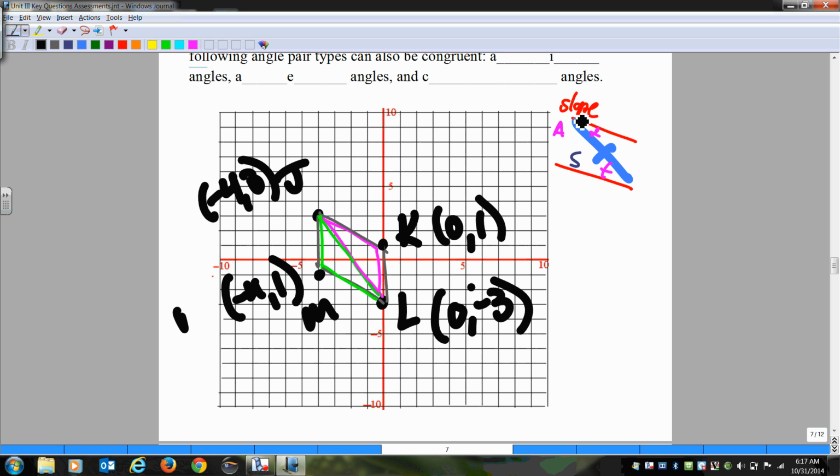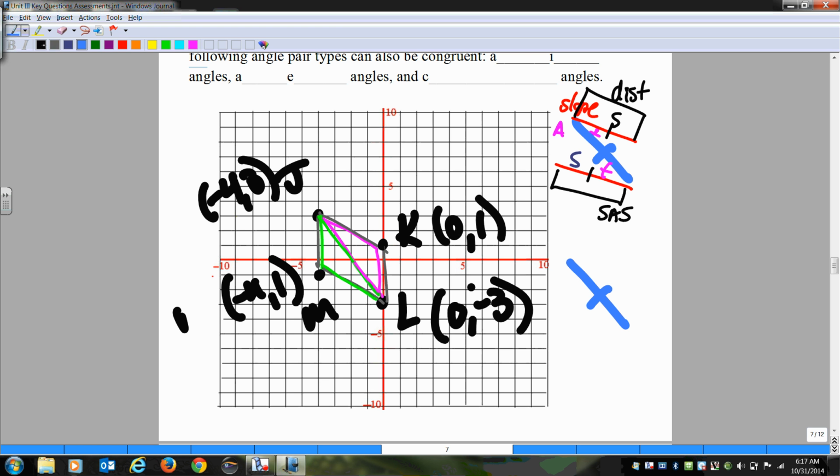And then from the same sides, if we use distance, we can get length. And that would also give us a pair of sides. So using a combination of slope and distance, you can get side, angle, side.